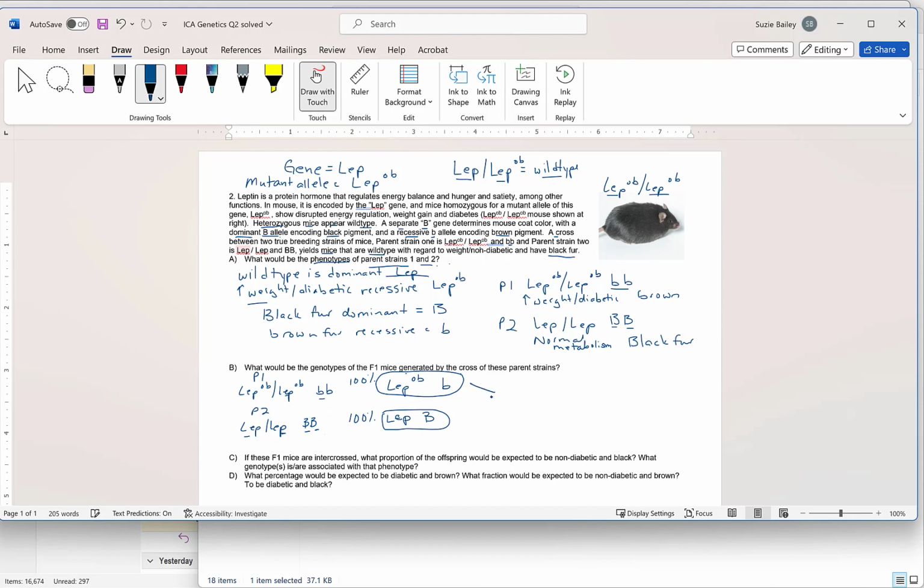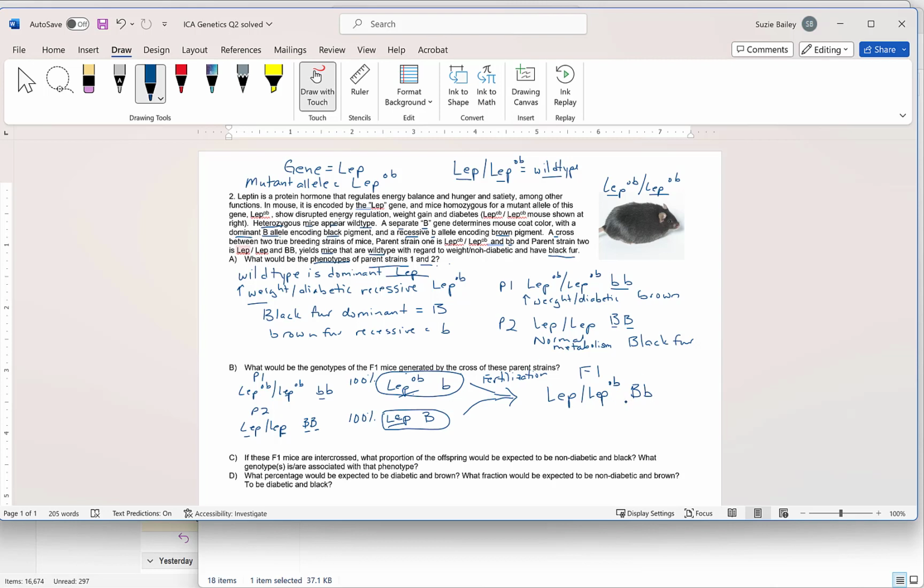And so if we combine these gamete types, this would be the process of fertilization, right? These animals would mate. We would see gametes fertilizing. The F1 offspring of this cross would get one allele from each parent at the leptin gene, right? A wild type allele from this parent, a mutant allele from this parent, and one allele of each type at the B gene, right?